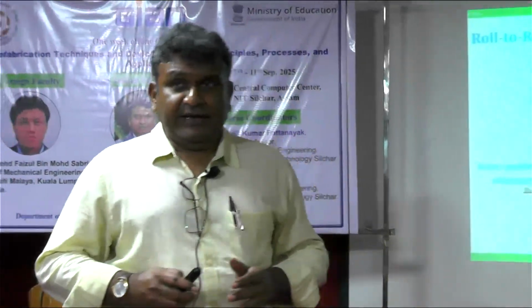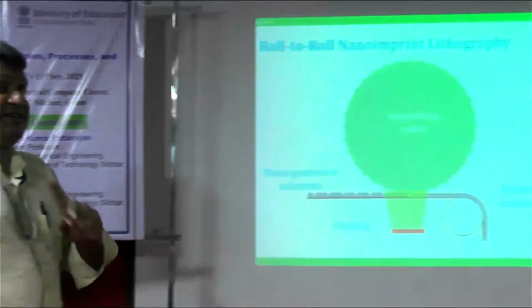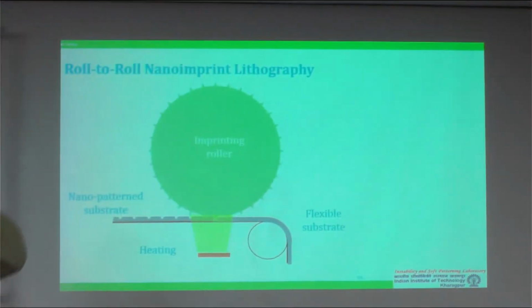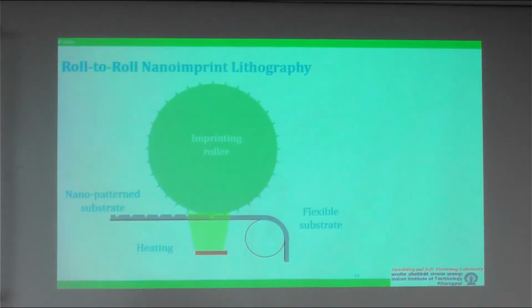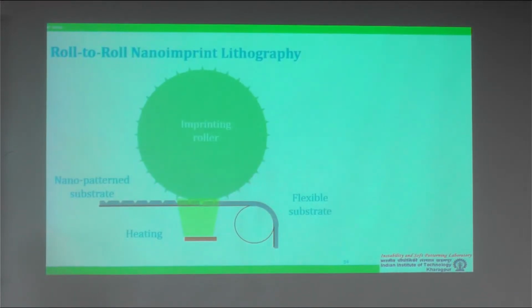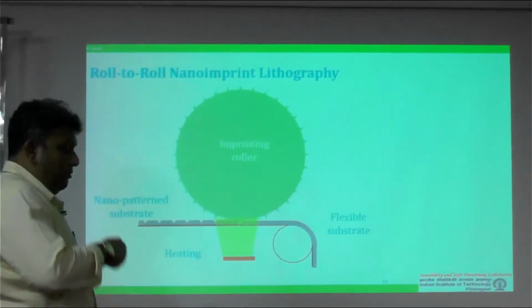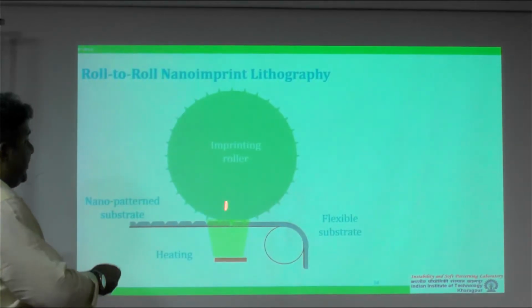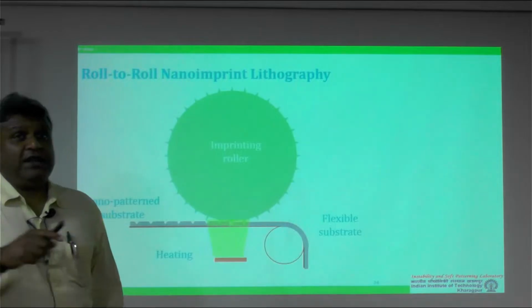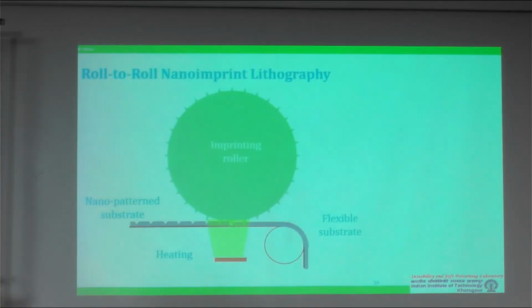You bring it into the patterning zone, and now the master is replaced with a roller which has the features, right? The roller is rolling, this pulley is rotating in the reverse direction, and a lot of engineering needs to be done so that when this film comes in contact with the roller, locally there has to be adequate heating so that the polymer melts.